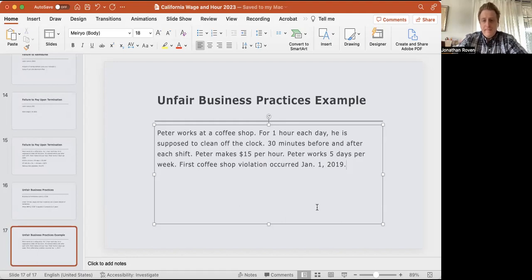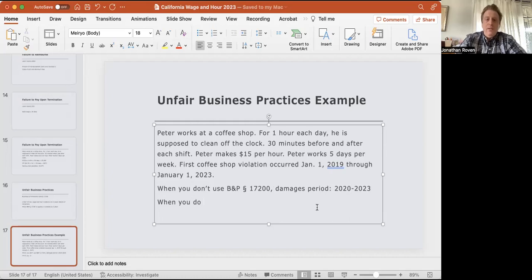So each day that passes through January 1, 2023, when you don't use Business and Professions Code 17200, your damages period is 2020 to 2023.